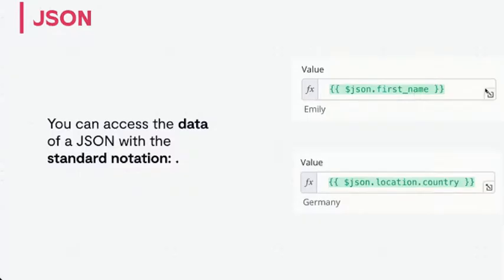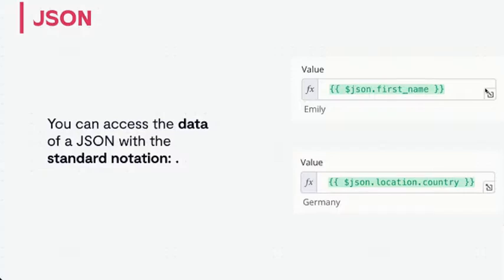To access the data in a JSON, we can use the standard dot notation. Here, $JSON lets us access the JSON itself, and by typing .first_name, we can access the value of the first_name key.